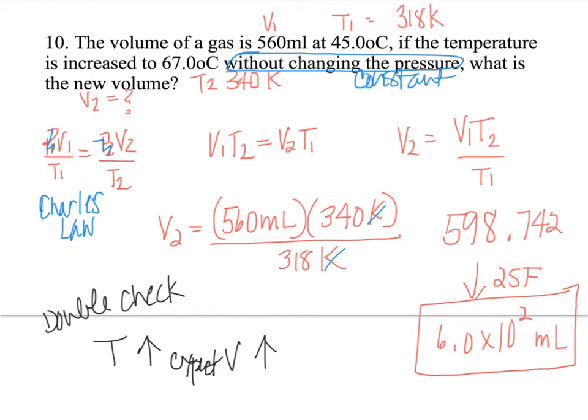If I go back and look at my parameters, I see that I need two significant figures. This has 2, and so that's going to limit our amount. And so the only way I can get that particular number into two significant figures is to put it in scientific notation and write it as 6.0 times 10 to the second milliliters.